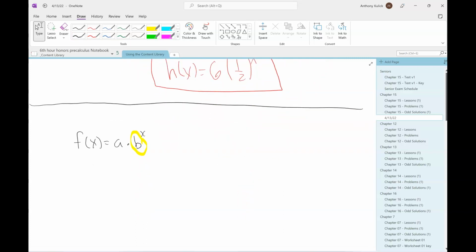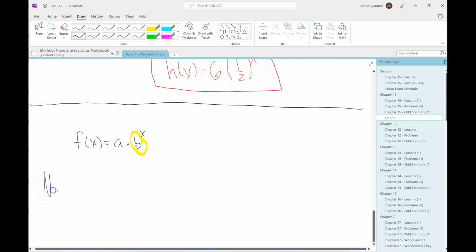One of the most common bases is this natural base, also referred to as Euler's number. The symbol we use to represent that number is the letter e.